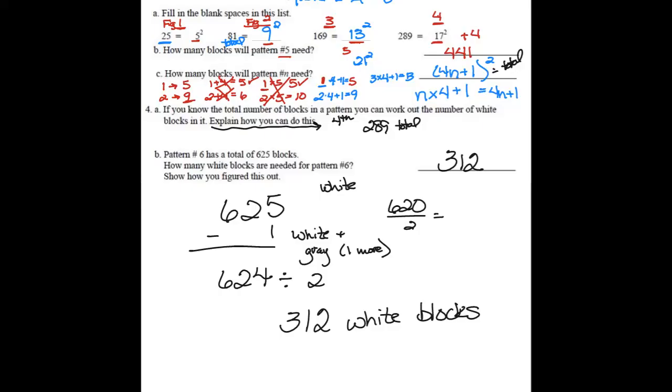So if we know the total number of blocks in a pattern, how can we work out the number of white blocks? You take the total, subtract 1, and divide by 2.